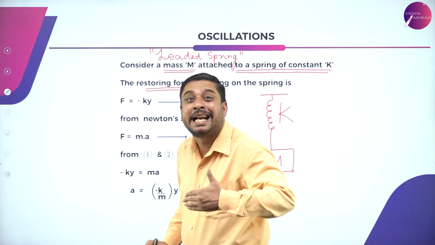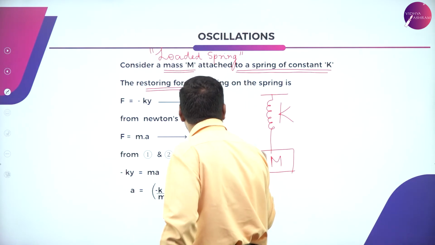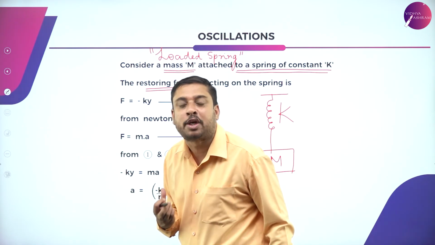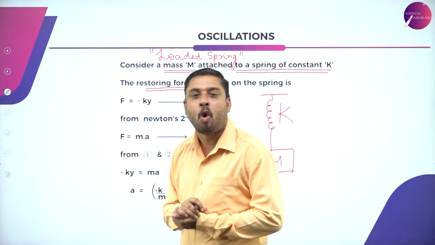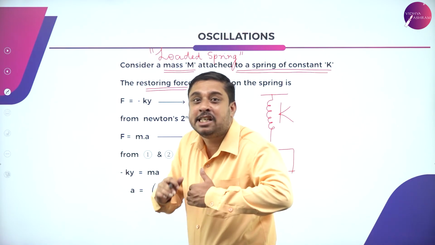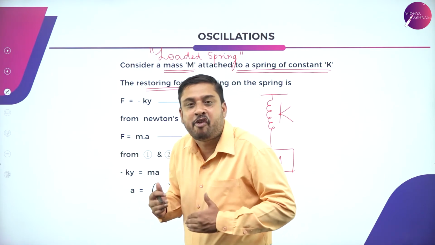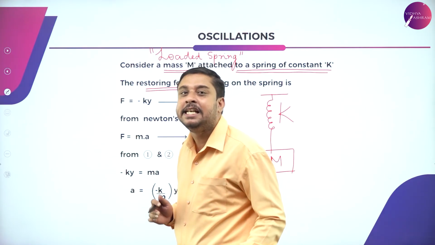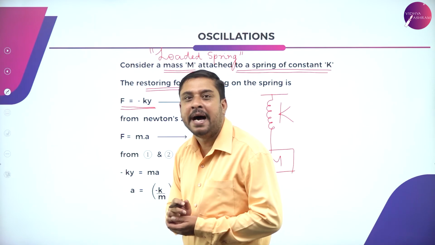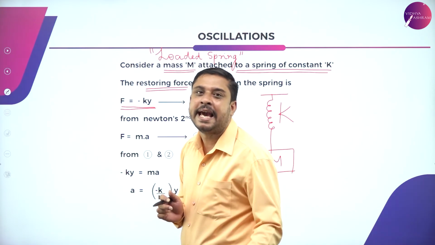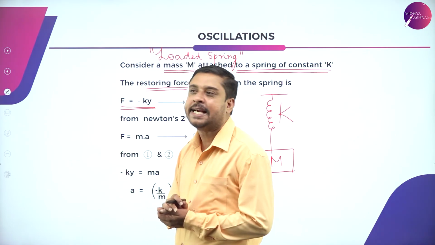As it is oscillating, it is losing potential energy. So in other terms, the restoring force will restore that lost potential energy. Therefore, the spring comes to its initial position. It is given by F equals minus ky, where k is the spring constant or force constant and y is the displacement.